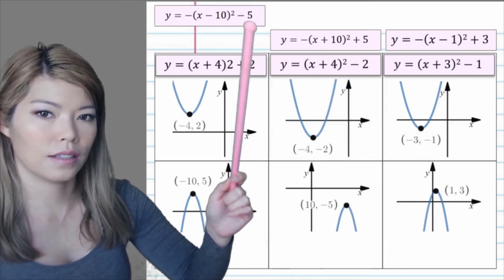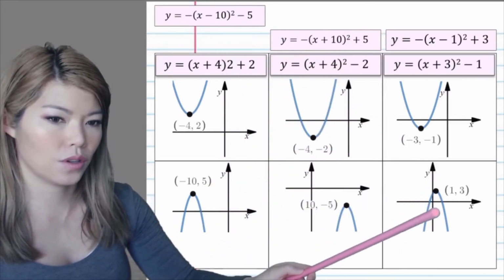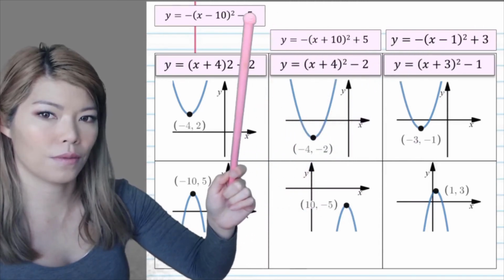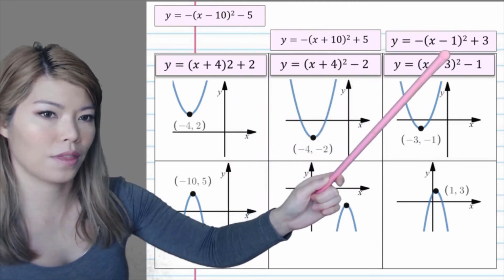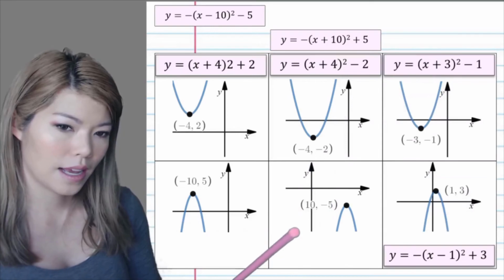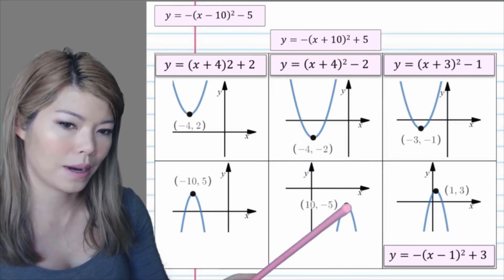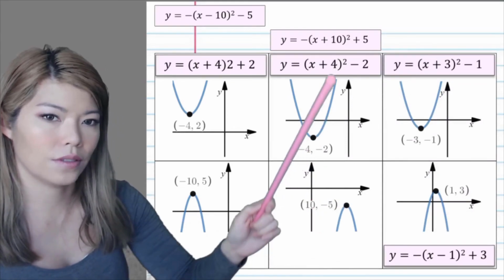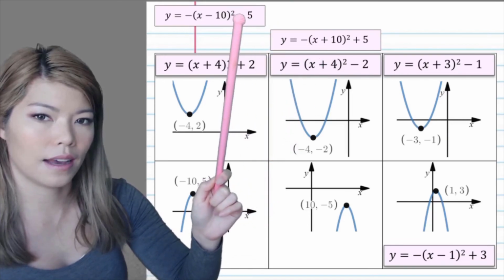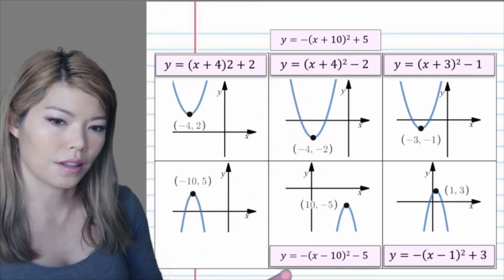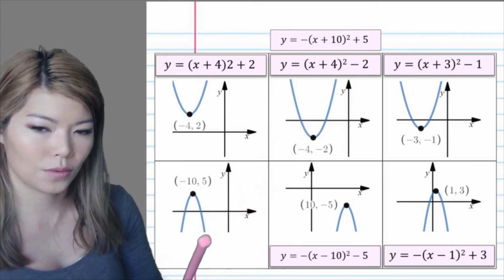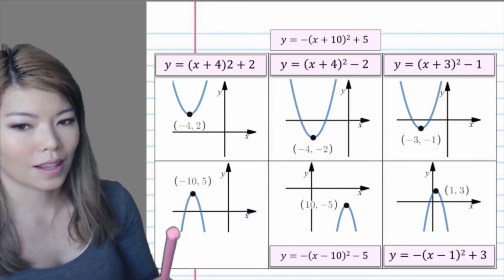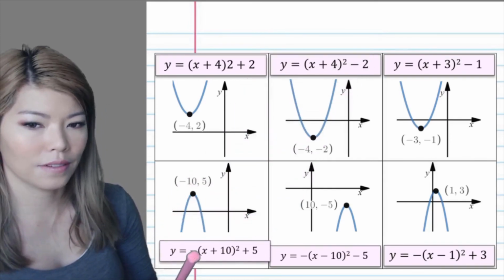So these are all negative graphs. To the right 1 and up 3, it's that one there. This one has moved to the right by 10 and down 5. That one is down, so that one there. And lastly, this one has been translated to the left by 10 and up 5. So that graph there.